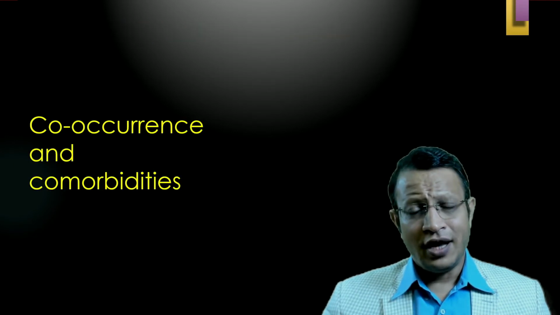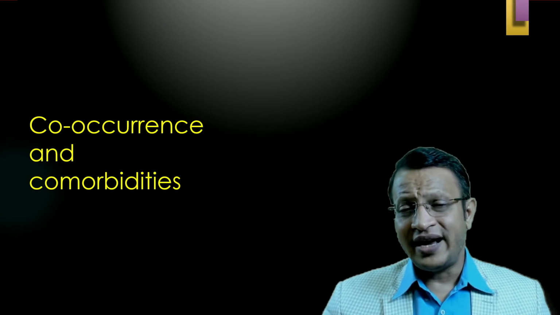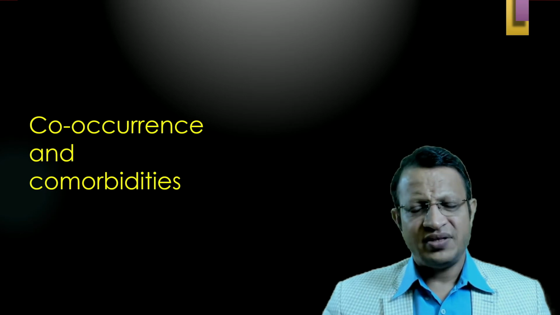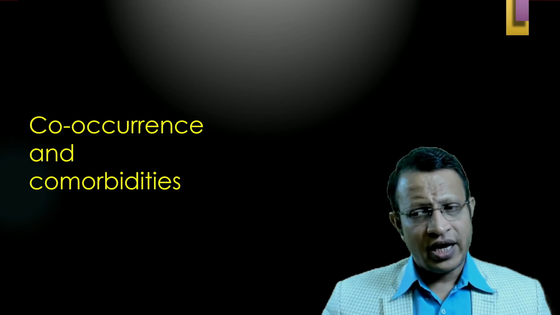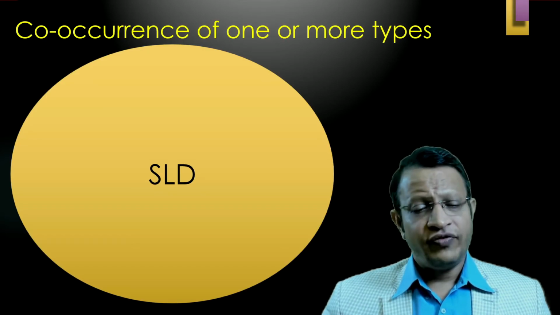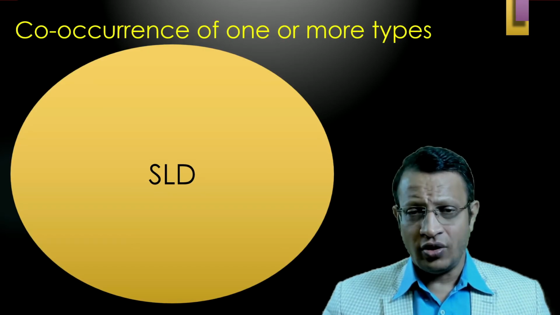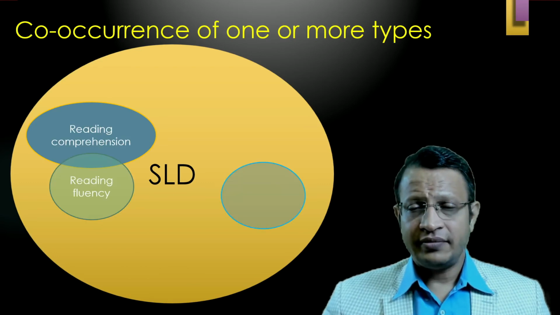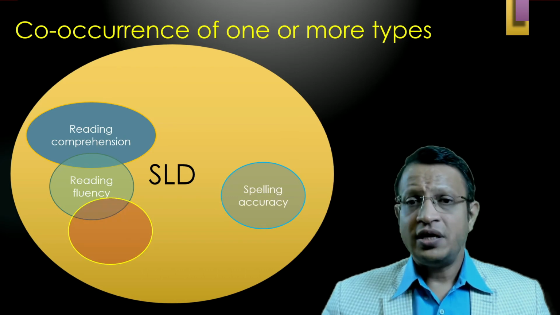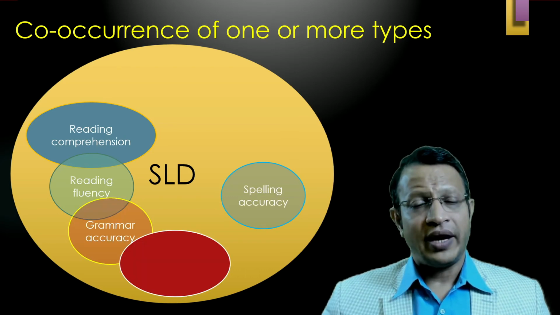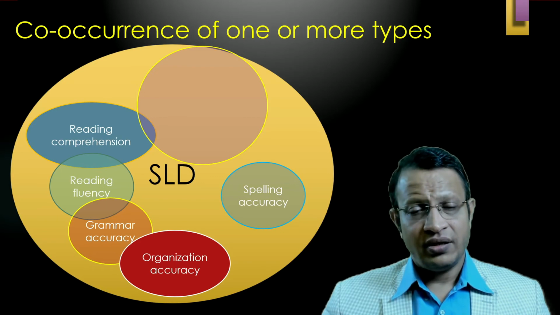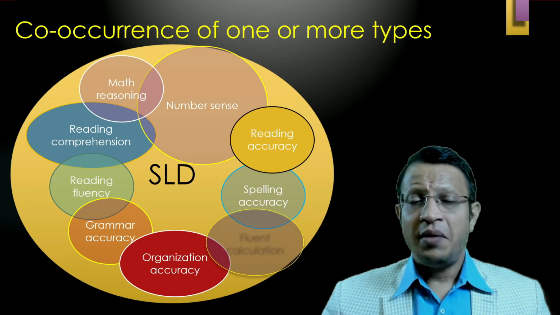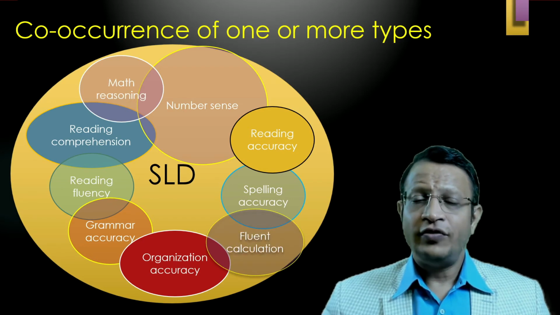With this, now we will move on to co-occurrence and comorbidities. That means, in children, whether SLD comes as a plain disorder or comes with other disorders also. SLD comes along with difficulty in reading fluency, spelling accuracy, grammar accuracy, organization accuracy, number sense, reading accuracy difficulties, mathematical reasoning, and fluent calculation.